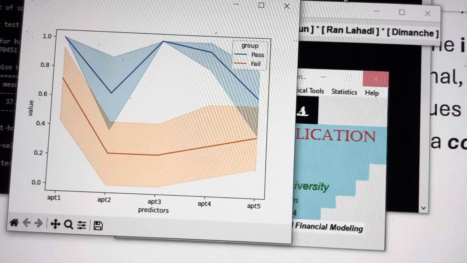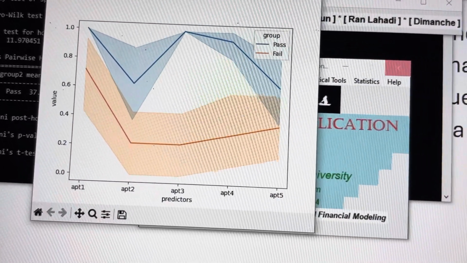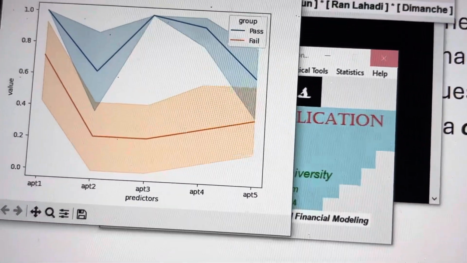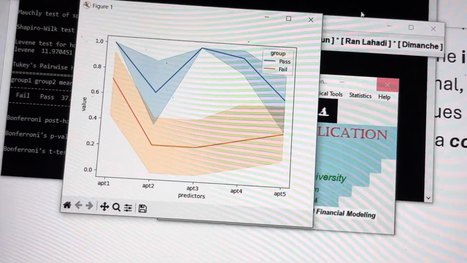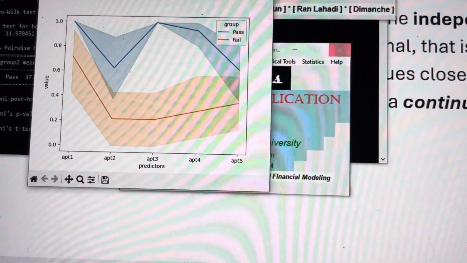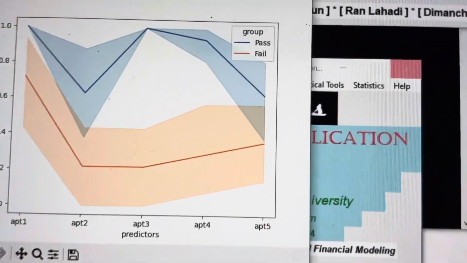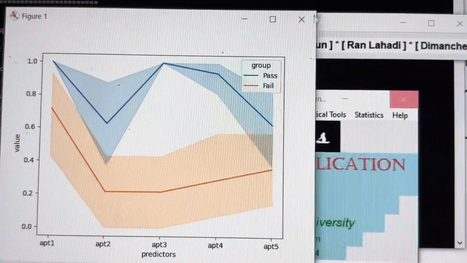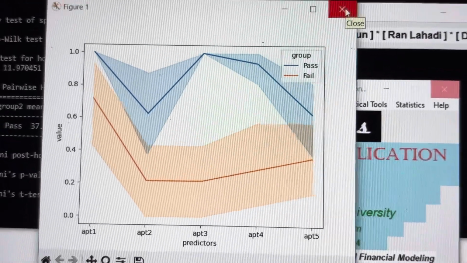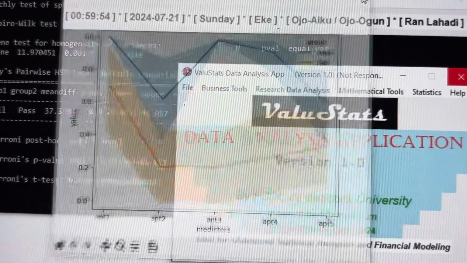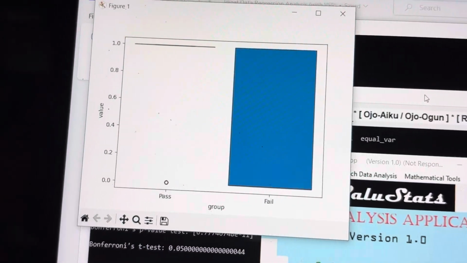While the mean of the fail is the red one, but it also has its own stack just to show the range of the marks of those who fail and those who pass. This is a very, very good analytical tool. Yeah, this is another one.